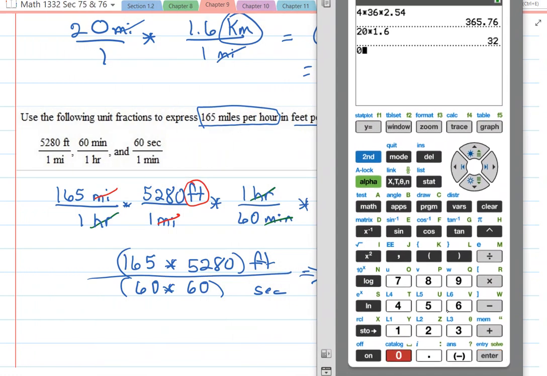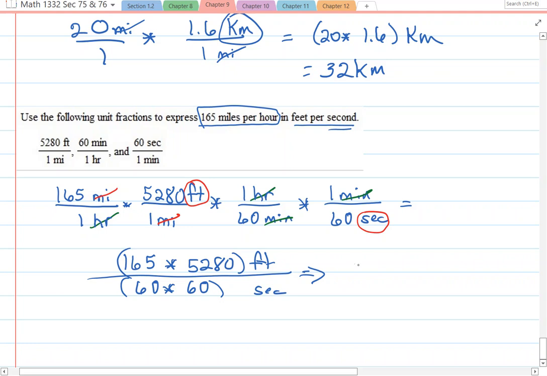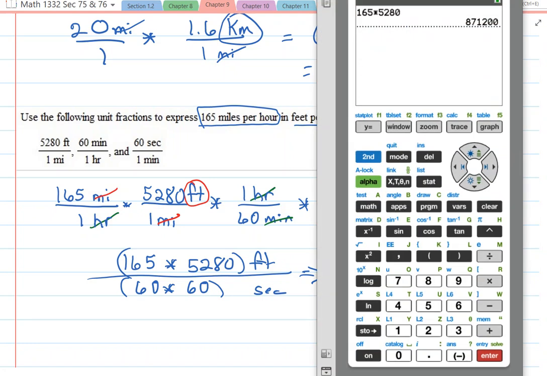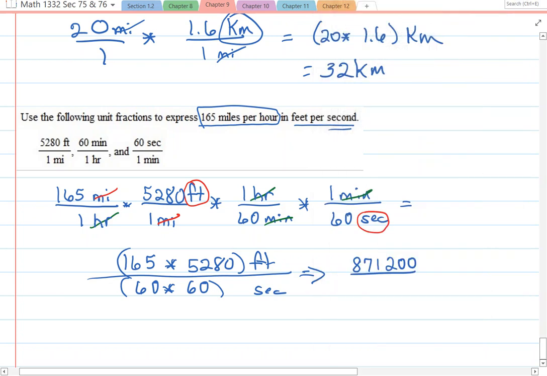So I have the 165 times 5280, and I get 871,200. Then on the bottom I have 60 times 60, and I get 3600.